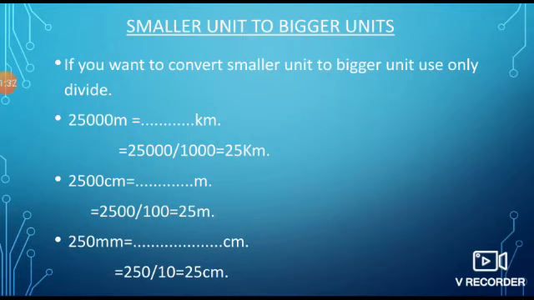Here you can use decimals in the kilometer, like 2.5 meter into kilometer means 2.5 by 1000 is equal to 0.0025 kilometer. 250 millimeter into centimeter is equal to 250 by 10, which is equal to 25 centimeter.